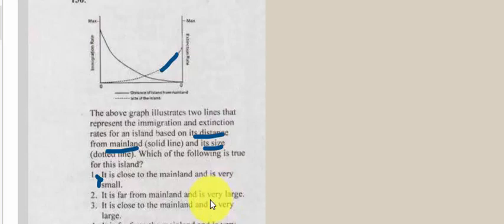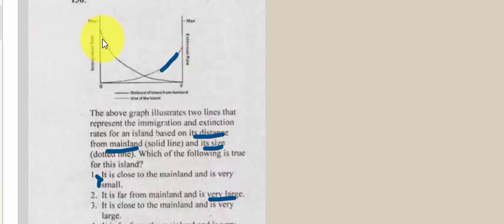So this part is true, but it is not far from the mainland. This island is very close to the mainland. How? Because here you can see the immigration rate is increasing. Immigration rate increasing means there is a greater number of species, right?